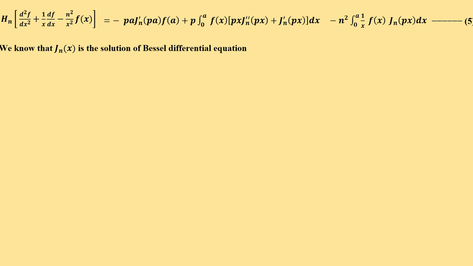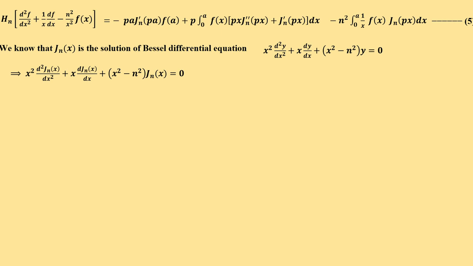We know Jn of x is the solution of the Bessel differential equation, that is x square d square y by dx square plus x dy by dx plus (x square minus n square) y equal to 0. Replacing y by Jn of x, because Jn of x is the solution, we get x square d square Jn of x by dx square plus x into d of Jn of x by dx plus (x square minus n square) Jn of x equal to 0.